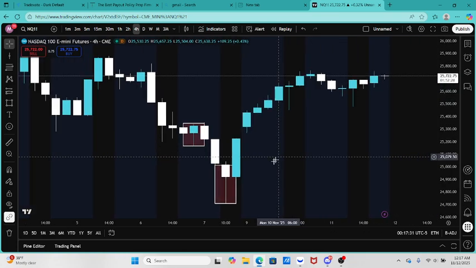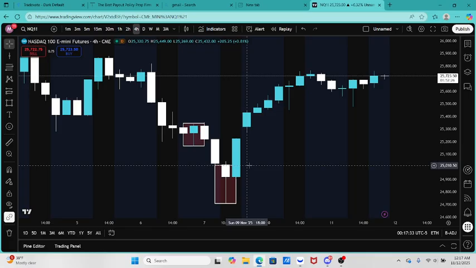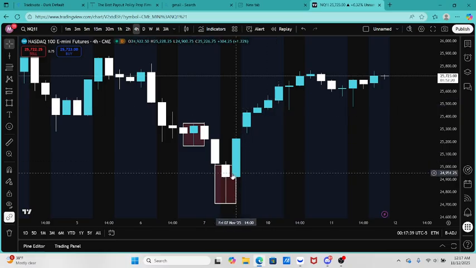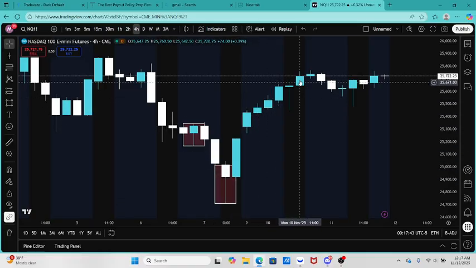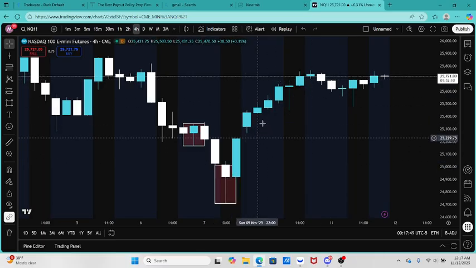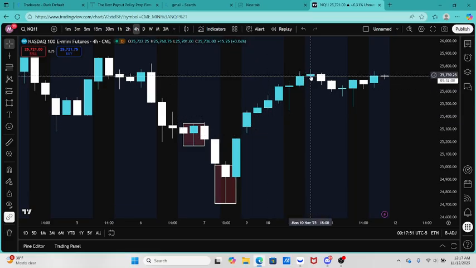Alright, so the order block, you want to think about a price leg. Like right here, you have this nice price leg going up, and we have this down close candle right before the move up. That's your order block. Same thing here. As we move up, this up close candle before this move down would also be the order block.